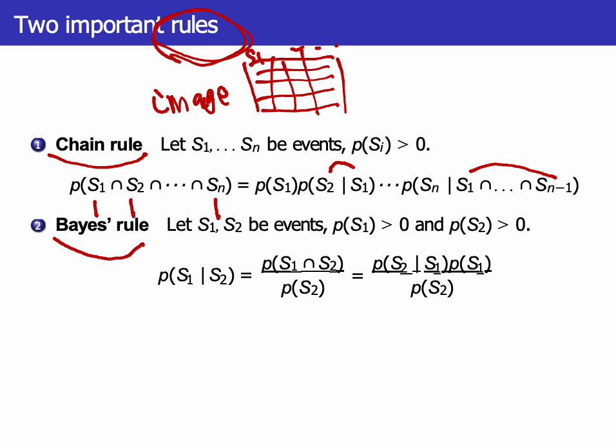Another important rule is the Bayes rule. Let S1, S2 be events, with p(S1) larger than 0 and p(S2) larger than 0. p(S1 given S2) can be represented by p(S1 ∩ S2) divided by p(S2), which equals p(S2 given S1) multiplied by p(S1) divided by p(S2).